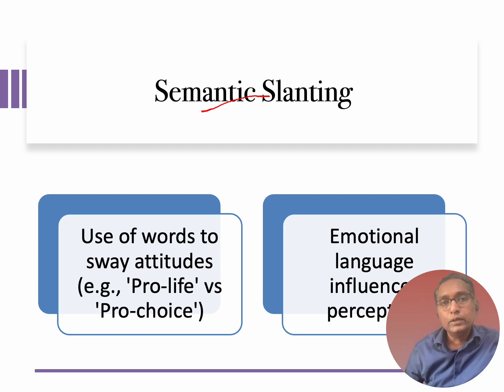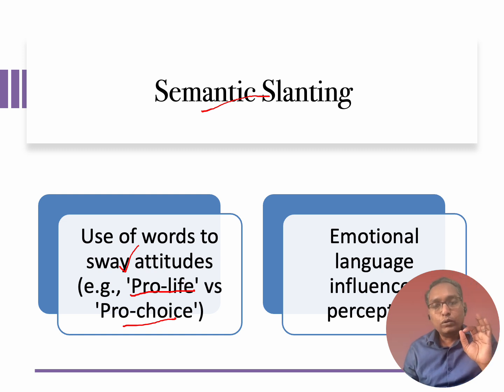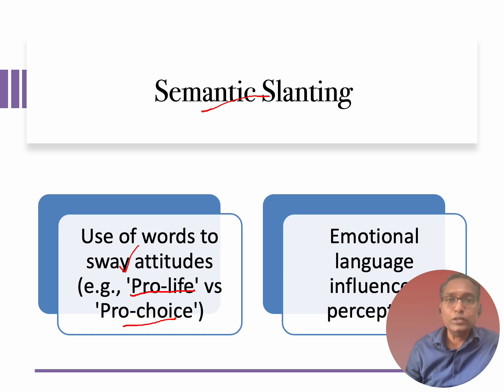So it is the use of words to sway attitudes. For example, pro-life, pro-choice, right? The words are used in a more positive fashion on either side to refer to their attitudes, where they're focusing on one and negating the other.